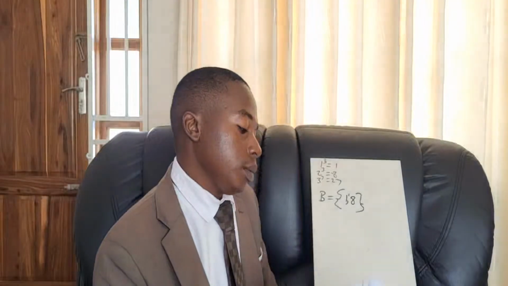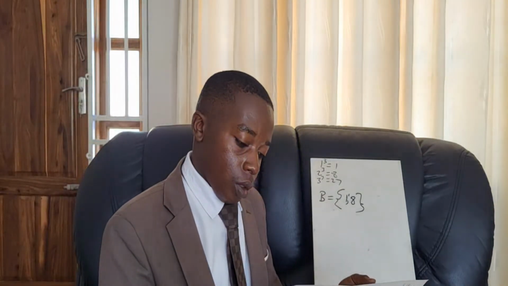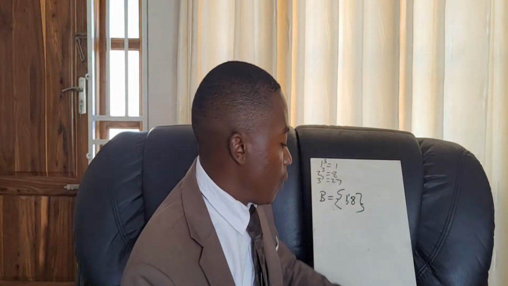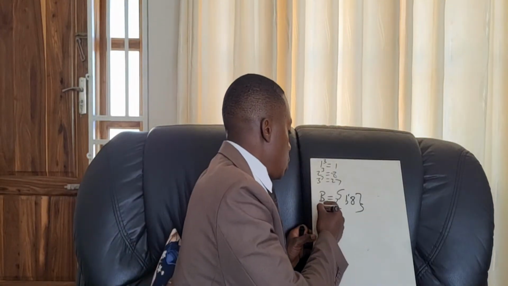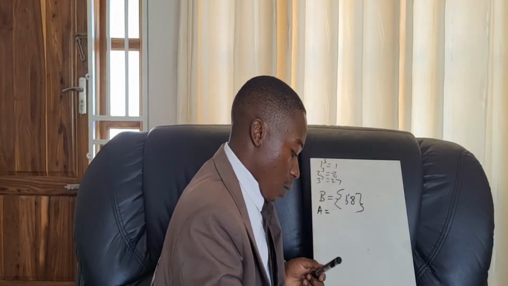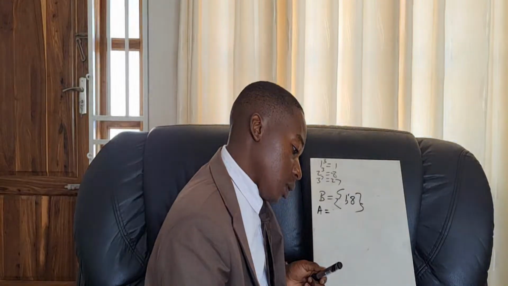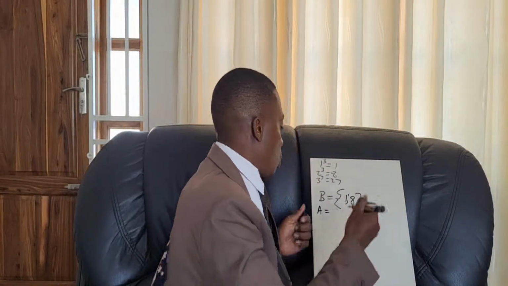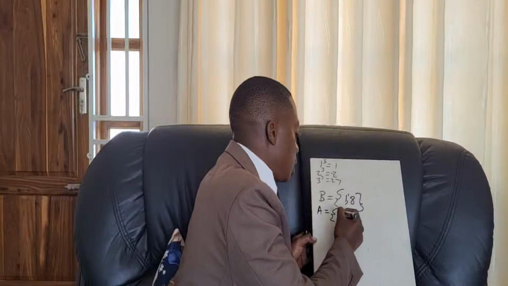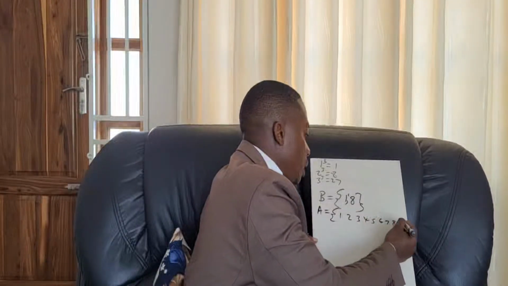Then next one, A intersection B. We must write the elements of A first. So what are the elements of A? A is numbers less than 10. So elements of A are 1, 2, 3, 4, 5, 6, 7, 8, 9.